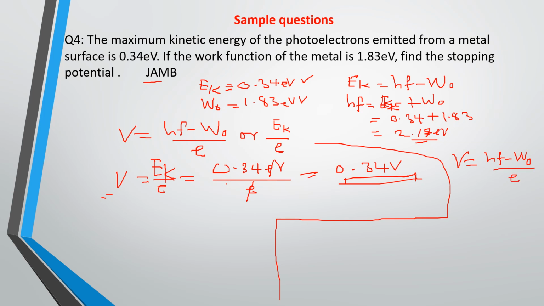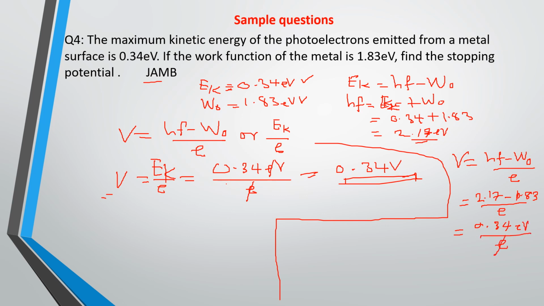If you substitute, you have 2.17 minus 1.83 all over e, which gives 0.34 eV over e.